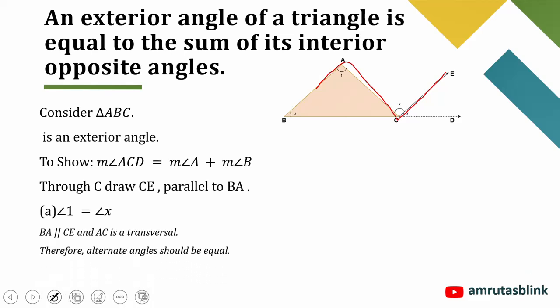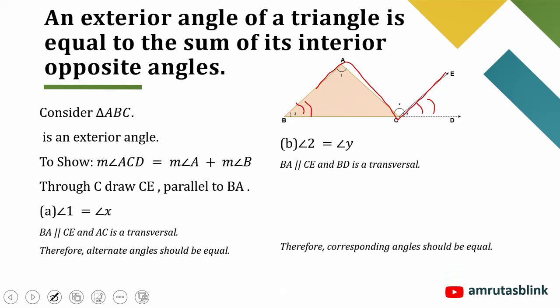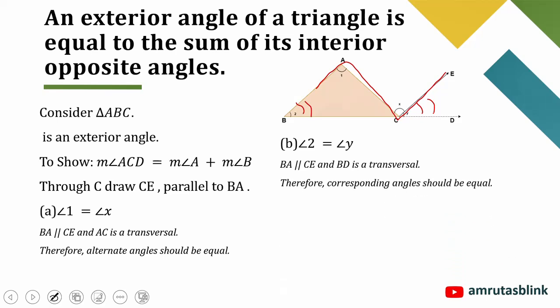Therefore alternate angles should be equal. Similarly, angle 2 is equal to angle Y. How is 2 equal to Y? BA is parallel to CE and BD is a transversal, therefore corresponding angles are equal.